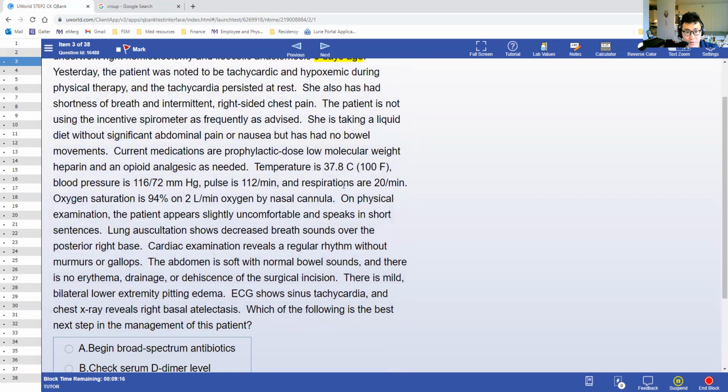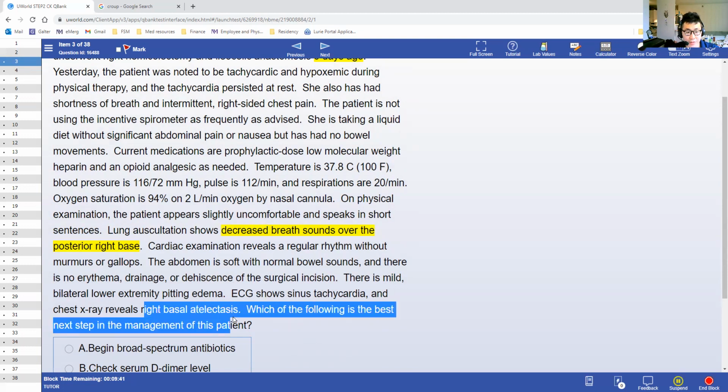She is on heparin. All right, so this is decreased breath sounds over the right base. So this is kind of atelectasis, and the temperature is kind of borderline for that. Okay, so a chest X-ray shows a right basal atelectasis.